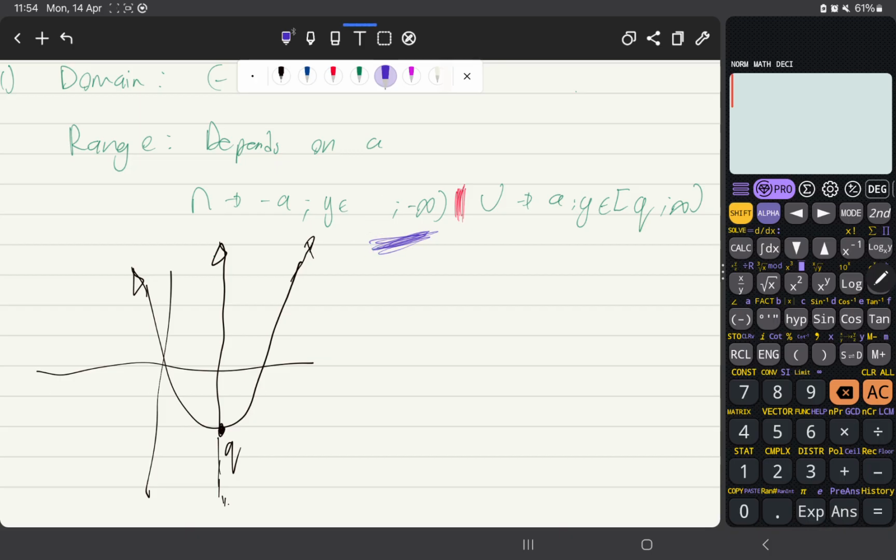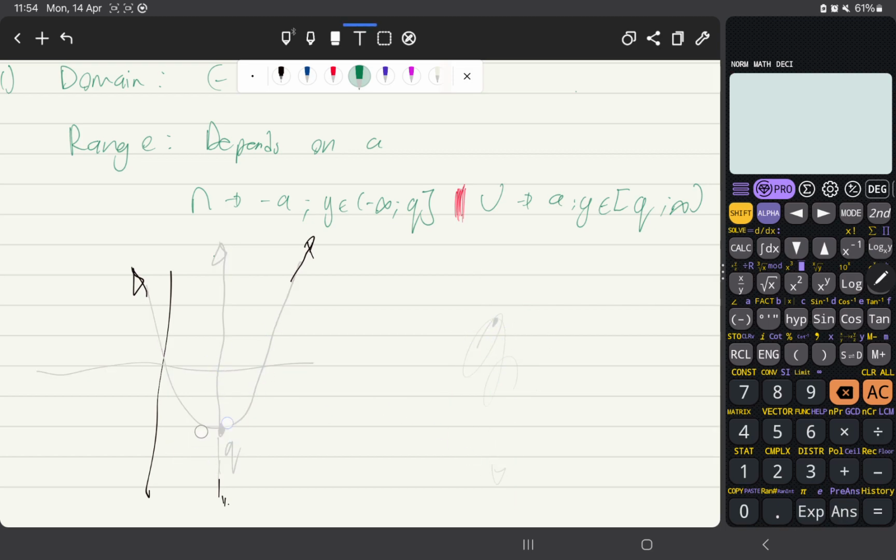So this should have been negative infinity, and this should have been q, with a close bracket, because when we start at a particular q value and go down to negative infinity, it will be from negative infinity to q. Sorry about that.